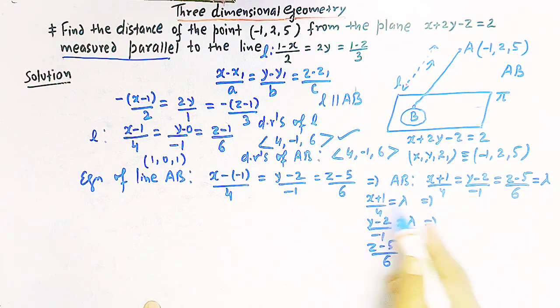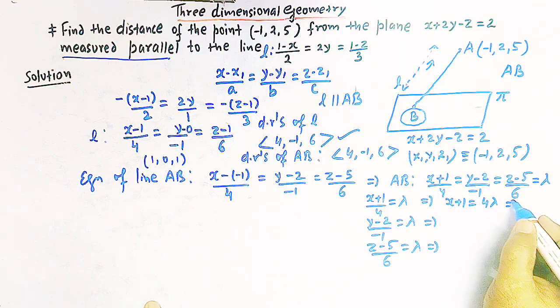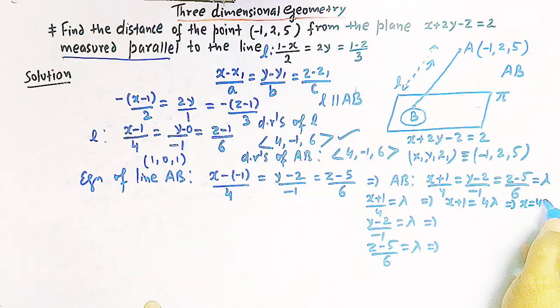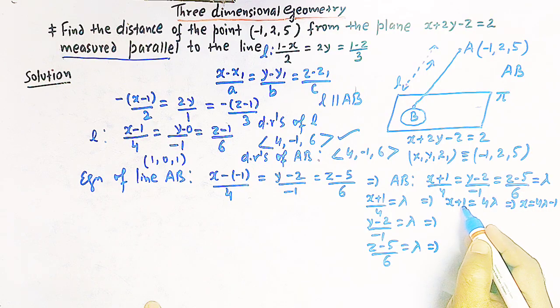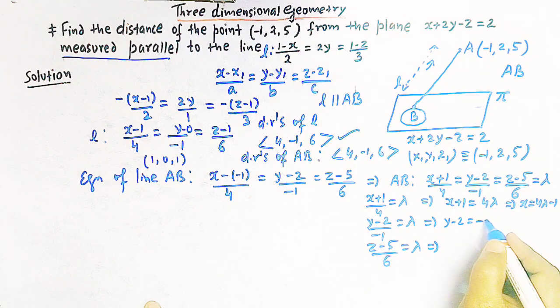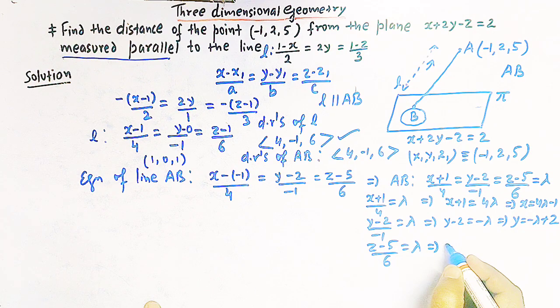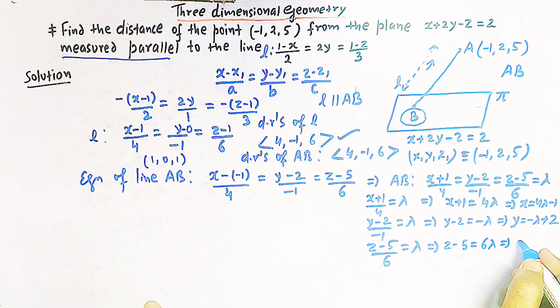So from here we have x plus 1 is equal to 4 lambda, and x is equal to 4 lambda minus 1, taking plus 1 to this side. And from here we have y minus 2 is equal to minus lambda, and y can be taken as minus lambda plus 2. And then from here z minus 5 is equal to 6 lambda, and from here we have z is equal to 6 lambda plus 5, right?